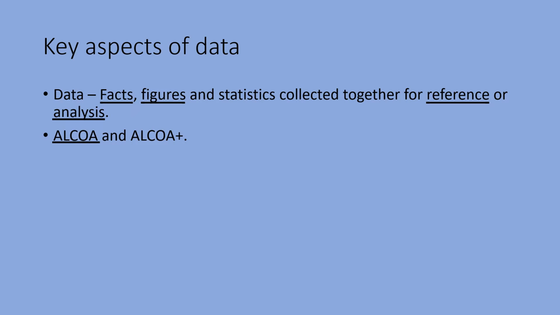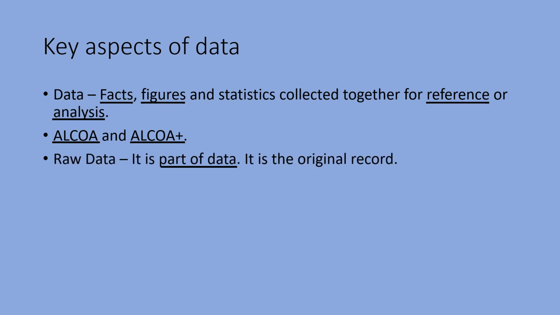ALCOA and ALCOA Plus. ALCOA is an acronym referring to attributable, legible, contemporaneous, original, and accurate. The ALCOA Plus has 4 more points: complete, consistent, enduring, and available.